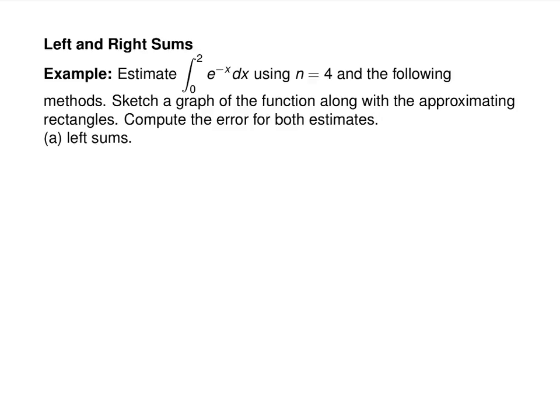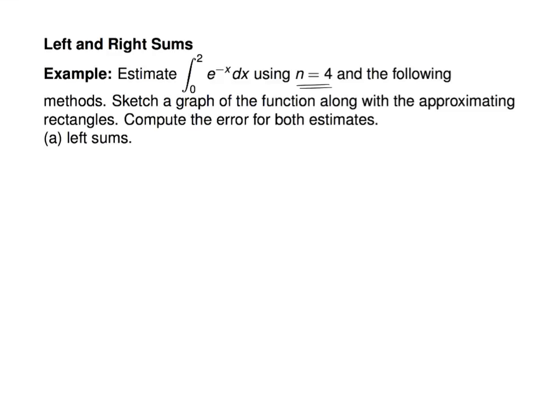We want to estimate the area under e to the negative x dx from 0 to 2 using n equals 4, which means I want 4 boxes. We're going to sketch a graph of the function, and we're going to use the left sum, or left endpoints. So first of all, approximately, what does e to the negative x look like?